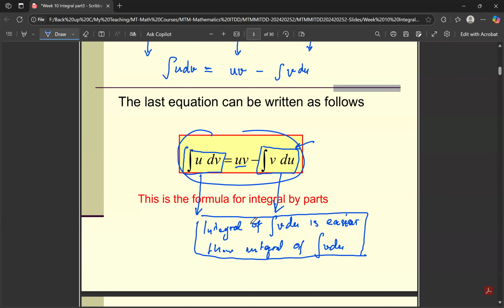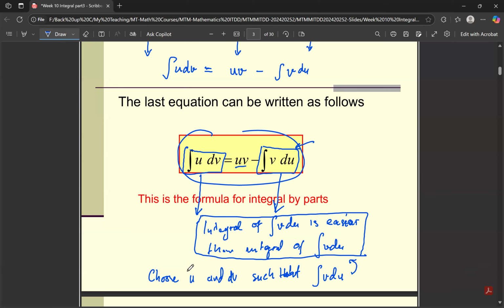To get this idea, or to make this condition, we must choose the correct u and dv such that the integral of v du fulfills this condition.